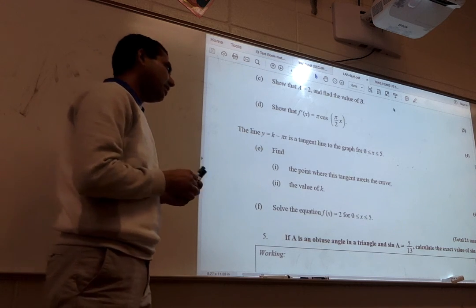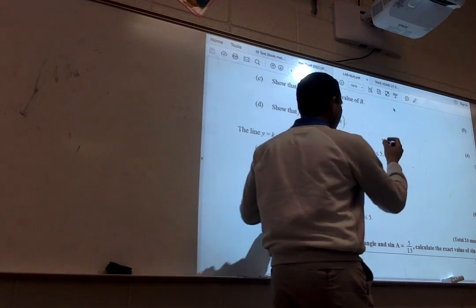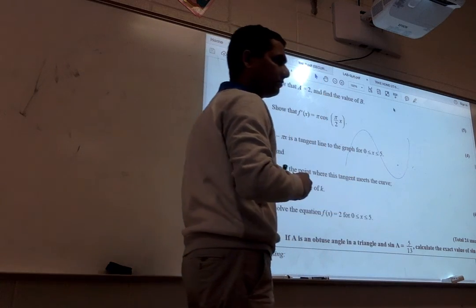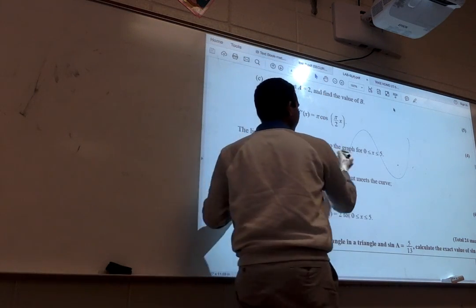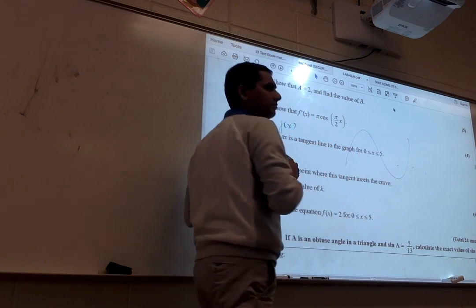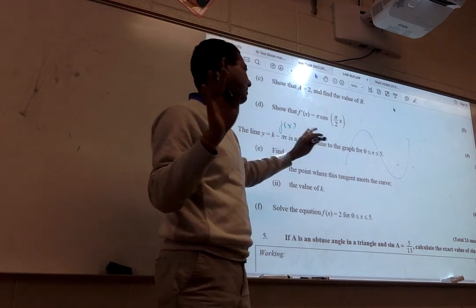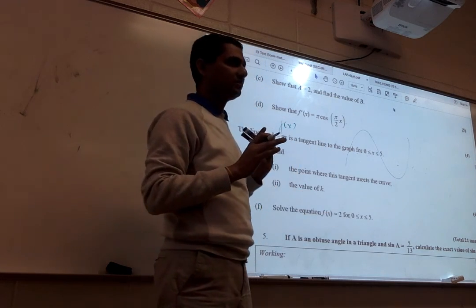Now, I want you to understand this concept. There is a curve. I'm just taking some random curve, and the random curve is given by a function f of x. Clear so far? So that means if you graph this function, you're going to get this curve.